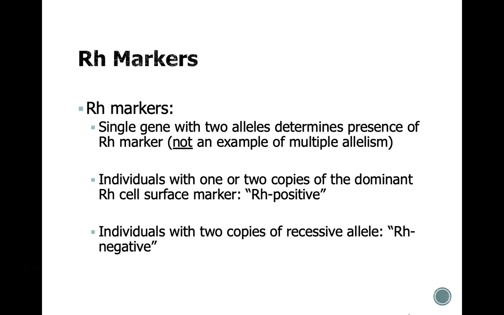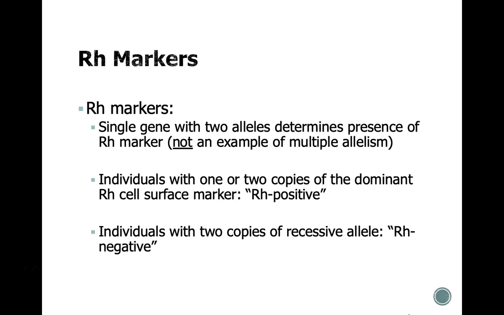So this is not a multiple allelism example, but it is a second gene that affects our blood type. So the Rh positive is dominant over the negative. So individuals who are Rh positive are either homozygous positive or heterozygous. Individuals who are Rh negative are homozygous for the negative.